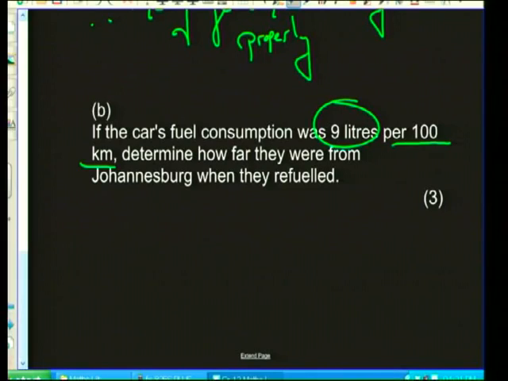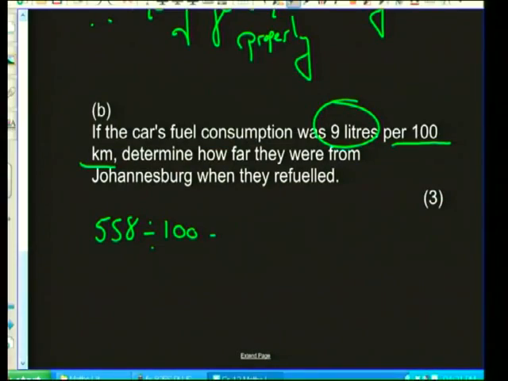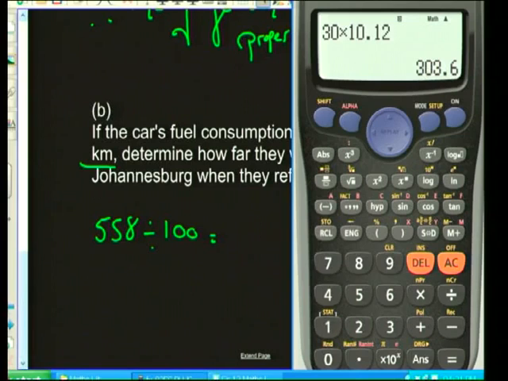So I knew that my distance was 558 kilometers. If I divide it by 100, it'll tell me how many 9 litres I need. So I divide it by 100, and I'm going to get an answer.